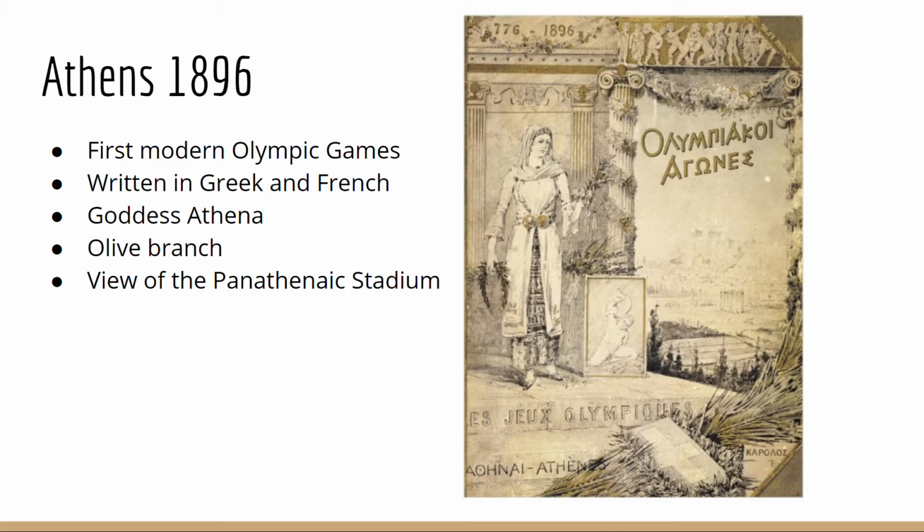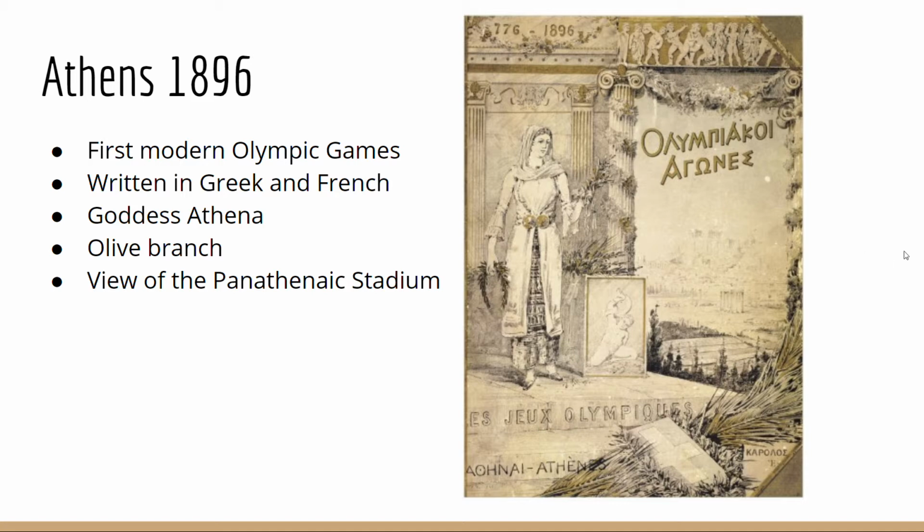They were organized to be held in Athens, which is now the capital of Greece, and back in ancient times, was the most powerful Greek city. The Olympic Games, of course, happen in Olympia, not in Athens, but Athenian athletes would participate in it.